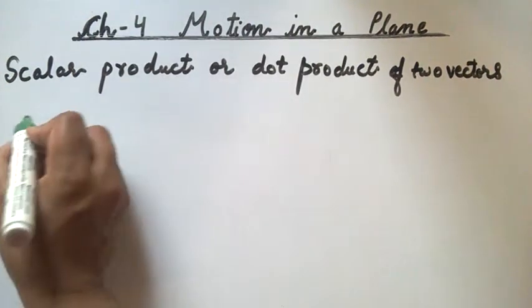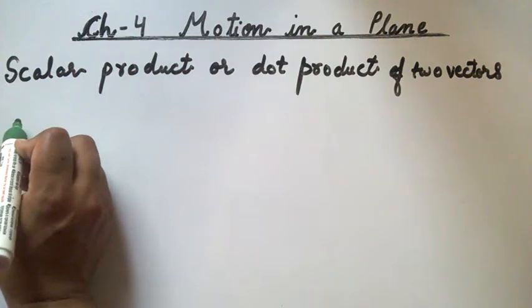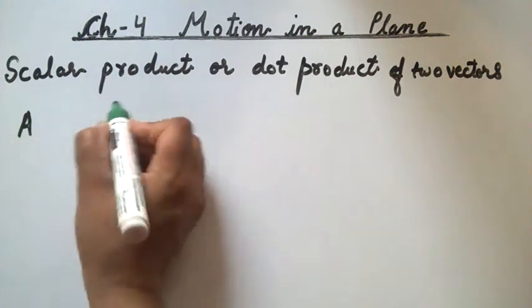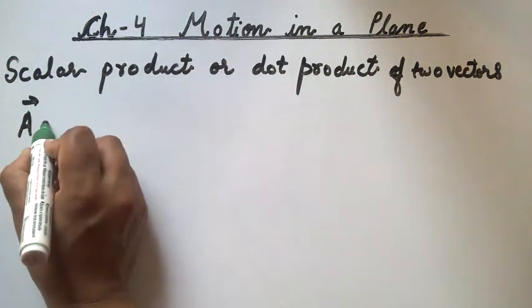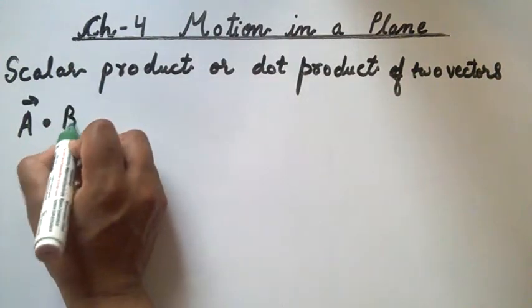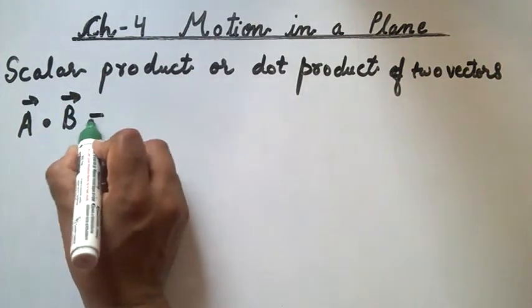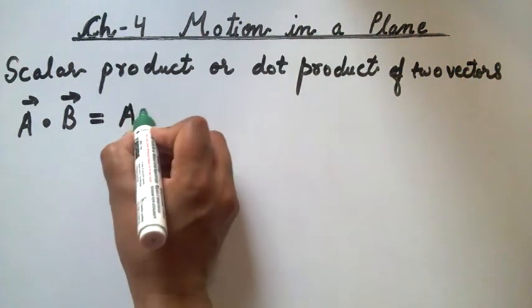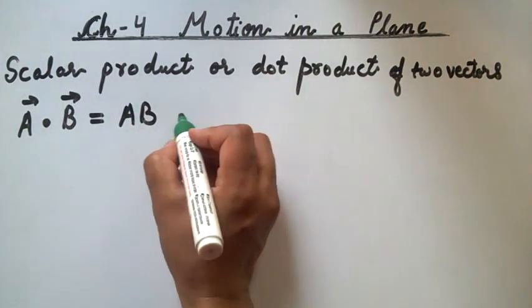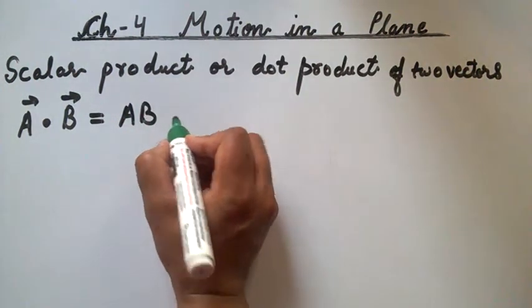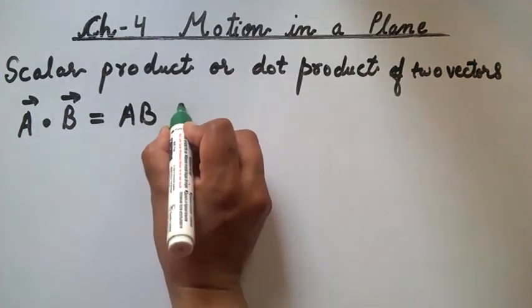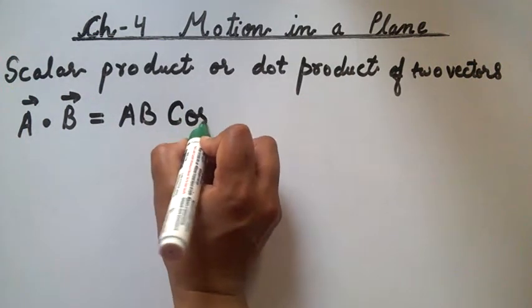Let two vectors be a vector and b vector. Then their scalar product is given as a vector dot b vector, and it is equal to the magnitude of both the vectors multiplied by the cosine of the smaller angle between them, that is cos theta.